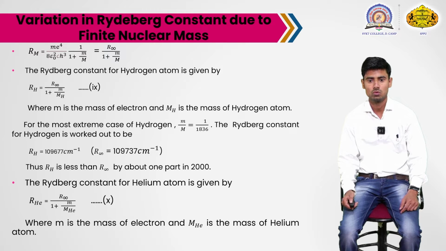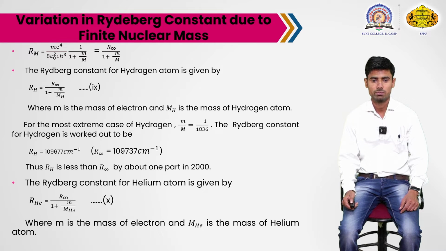The Rydberg constant for a hydrogen atom will be 109677 per centimeter, whereas R infinity has a value 109737 per centimeter.